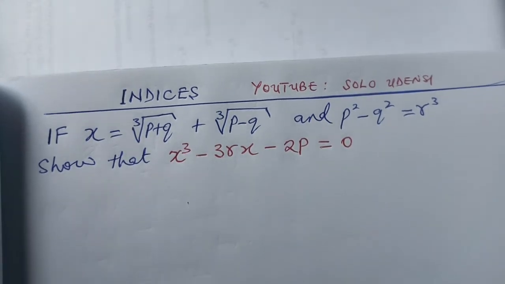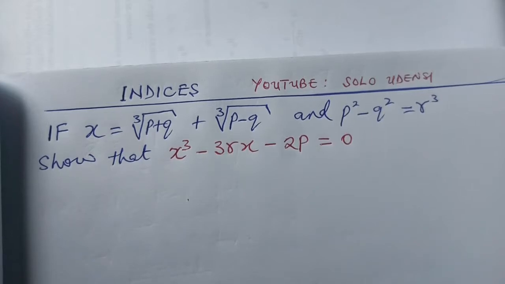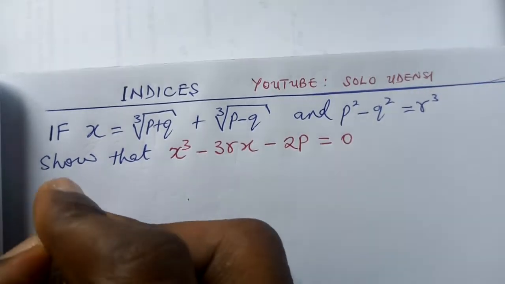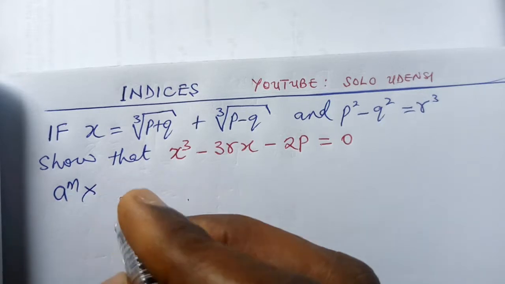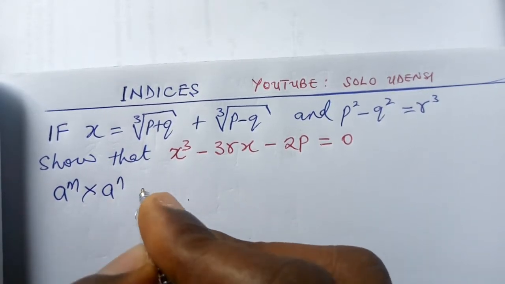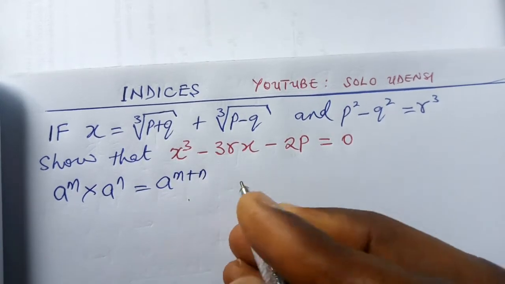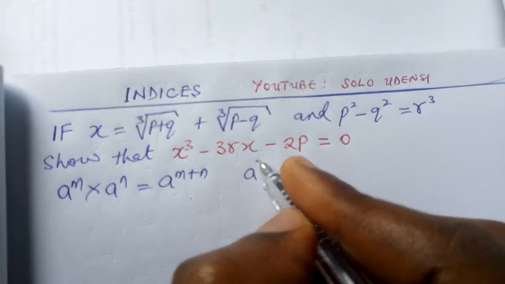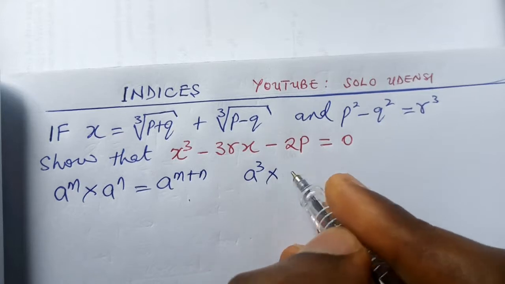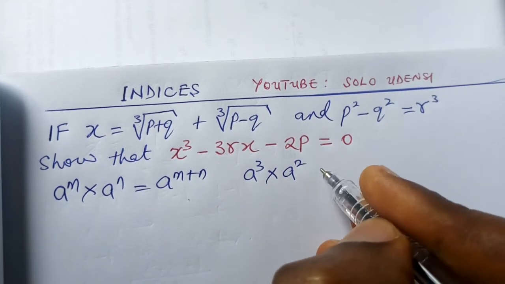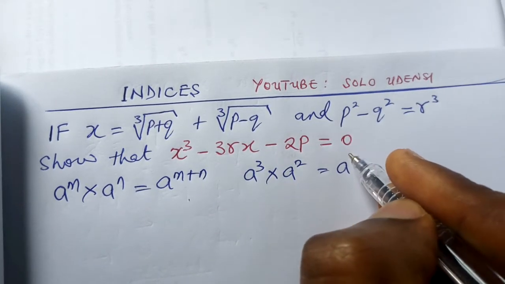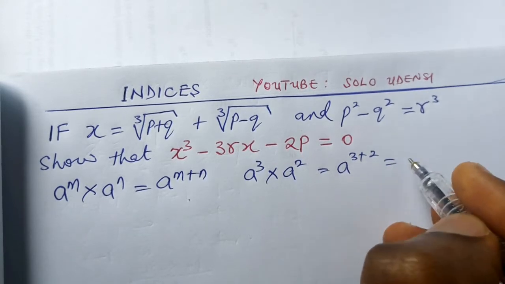First of all, let us go through the laws of indices that we know. Let's say we have a^m times a^n. The multiplication law of indices says add their powers, so if you have a^3 multiplied by a^2, you just have a^(3+2), which is a^5.